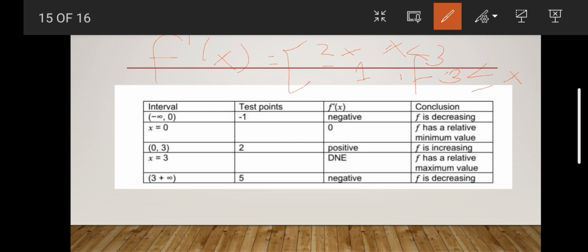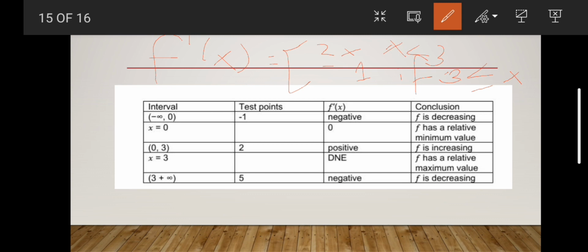Negative 1 is less than 3, so we substitute into 2x. We have 2 times negative 1 is equal to negative 2. So our f prime x is negative. If we have positive 2, we also use 2x because 2 is less than 3. So we have 2 times 2 is equal to positive 4. So our f prime x is positive.